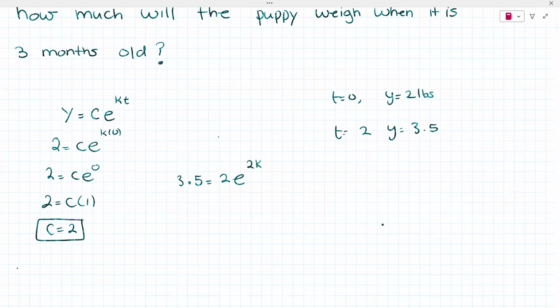Solve for k, so divide this by 2, divide this by 2. You get 1.75 equals e to the 2k. Then take the ln of both sides. So this is the ln of 1.75, and this is ln of e to the 2k.